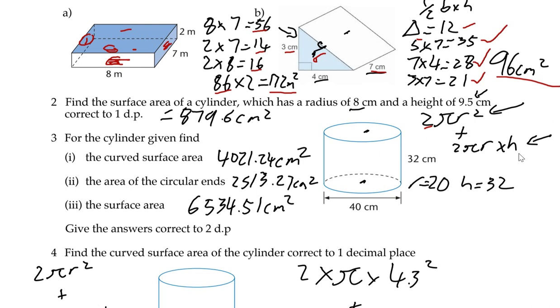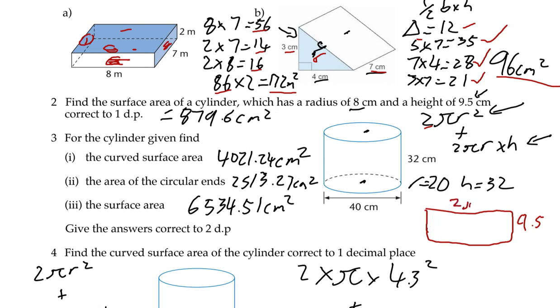Now this 2 pi r times h, see this curved area, the part that wraps around, okay? If you actually stretch that out, that would make a rectangle. And that rectangle would have a height, as it states in the question, 9.5. But then the actual length or width, if you will, all the way across here, is going to be the circumference.